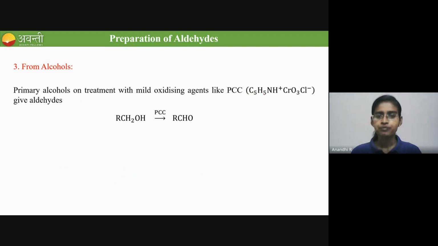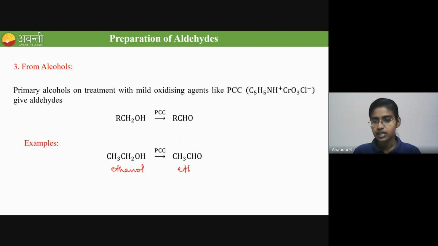So this PCC turns primary alcohol to aldehyde. As an example, ethanol is taken here, and the 2-carbon alcohol gives the 2-carbon aldehyde. So the name of this alcohol is ethanol, and this is ethanal. Clear? So this is how we prepare aldehyde from alcohol using the mild oxidizing agent PCC.